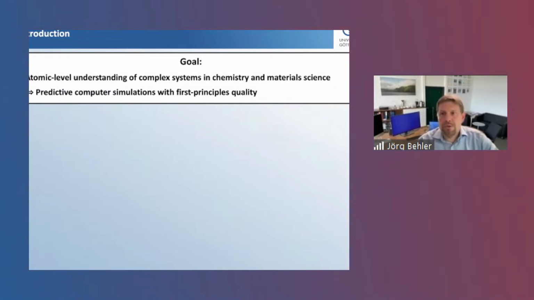So our goal is to reach an atomic level understanding of complex systems in chemistry and material science. We want to understand chemical reactions or materials properties. And for this, we need to run predictive computer simulations with first principles, ab initio quality.